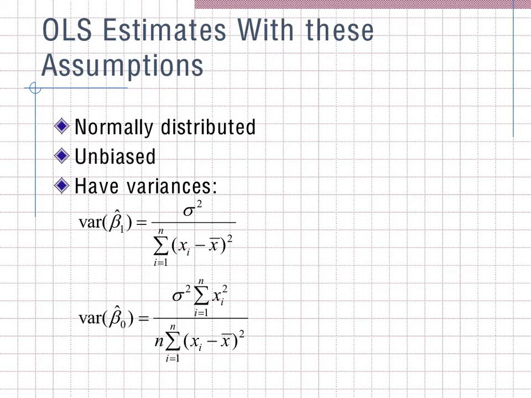The variance of the intercept, beta 0 hat, is also going to depend on the variance of the residuals, in this case multiplied by the sum of the x's squared divided by n times the sum over all the observations of the squared difference between each x observation and its mean value.